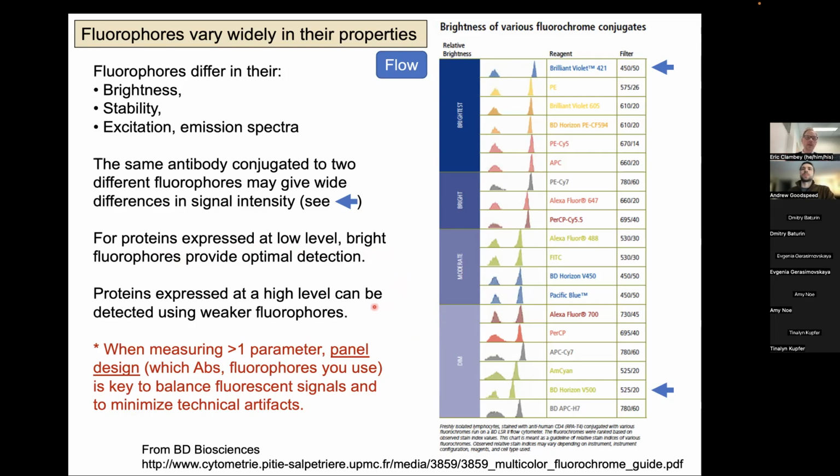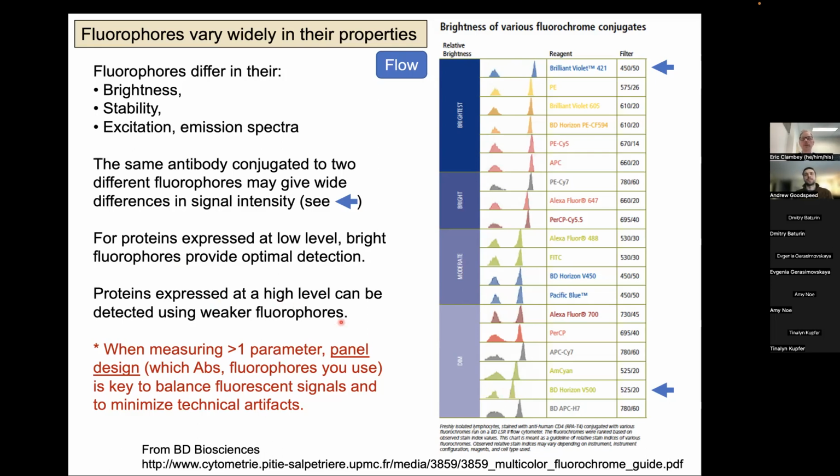If you are trying to stain for a protein expressed at a high level, these can be detected using weaker fluorophores. Okay, so a highly expressed protein, for example, you could get by with this lower signal-to-noise ratio fluorophore, but you would not want to use this dim fluorophore to detect a low abundance protein.